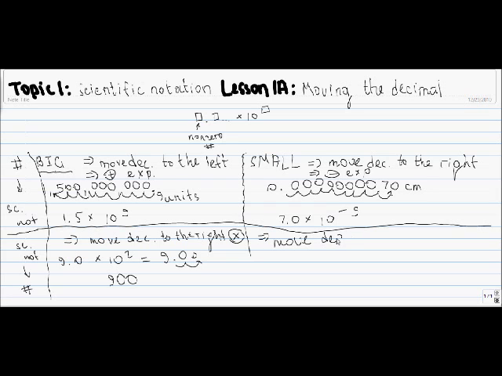So we are going to make the number smaller. Or alternatively, we divide. Okay, so an example could be something like, let's say, 8.1 times 10 to the negative 3.